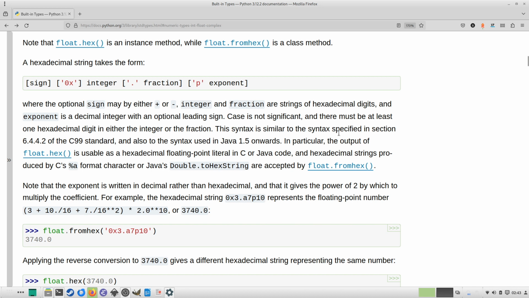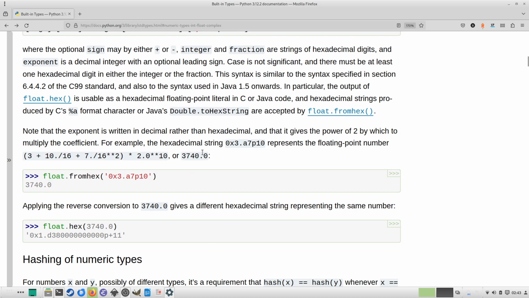This syntax is similar to the syntax specified in section 6.4.4.2 of the C99 standard, and also to the syntax used in Java 1.5 onwards. In particular, the output of float.hex is usable as a hexadecimal floating point literal in C or Java code. And hexadecimal strings produced by C's %a format character or Java's Double.toHexString are accepted by float.fromhex.